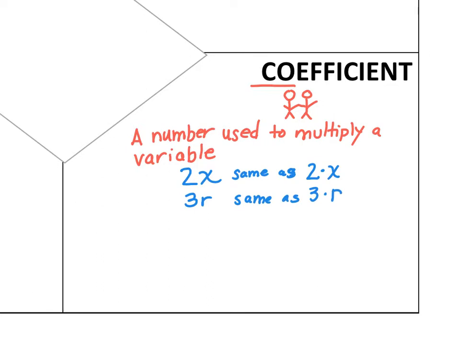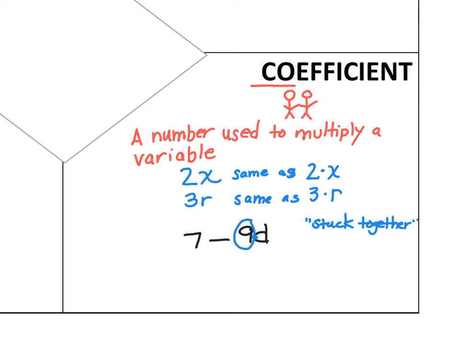So when we give an example of a coefficient, let's write an expression. Maybe we have 7 minus 9d. In this case, our coefficient would be the 9 because it's being multiplied to the d. So what I like to tell students is that they are stuck together. That's why we call it a coefficient. Stuck together. Write that down.